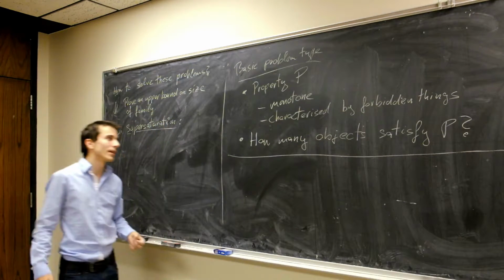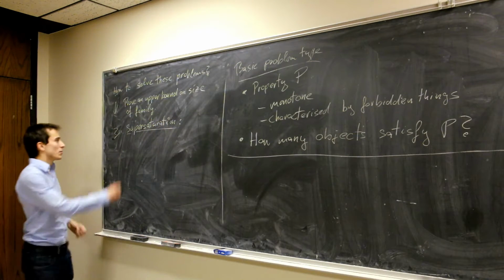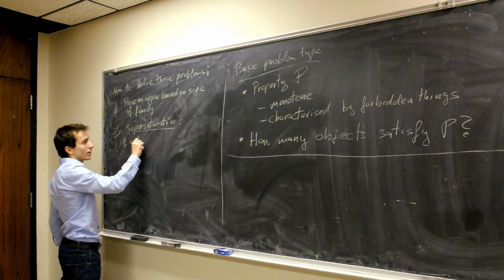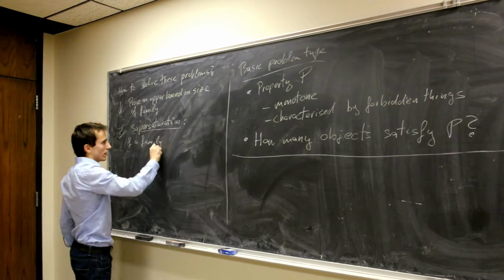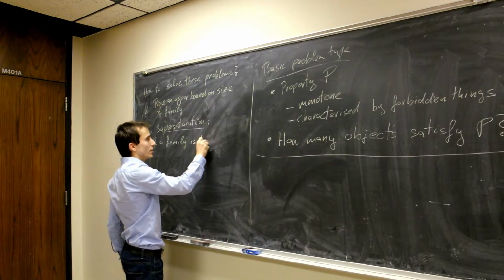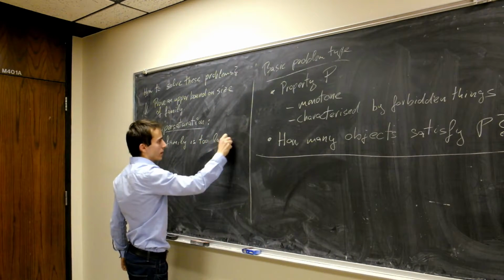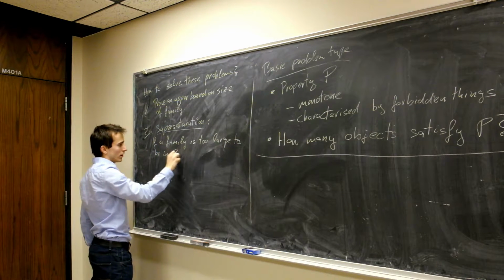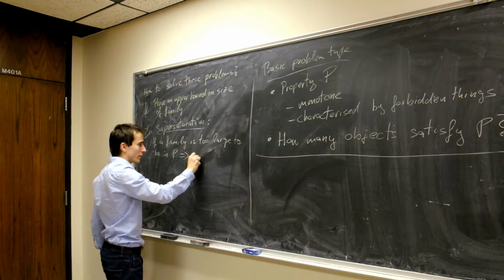So you have to prove that if a family or graph is too large to be in P, then it contains many forbidden objects.